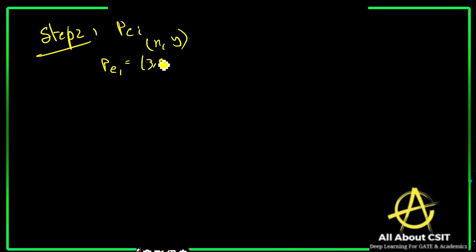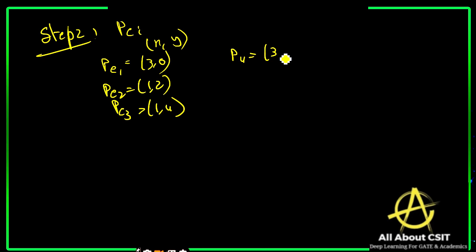PE1 is 3 comma 0, PE2 is 1 comma 2, PE3 is 1 comma 4, PE4 is 3 comma 6, PE5 is 5 comma 4, and PE6 is 5 comma 2. Now step 3.